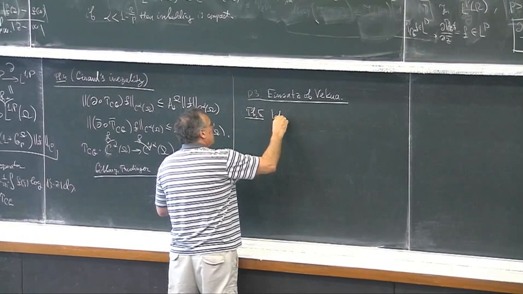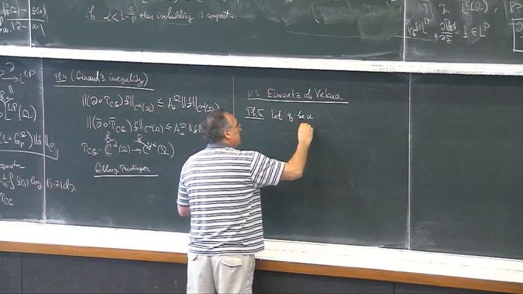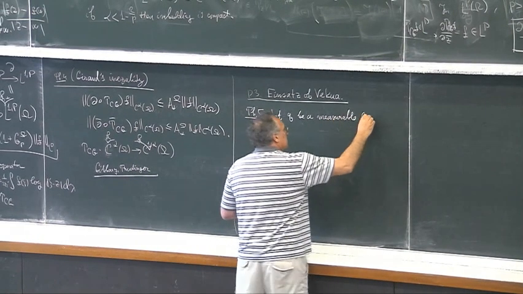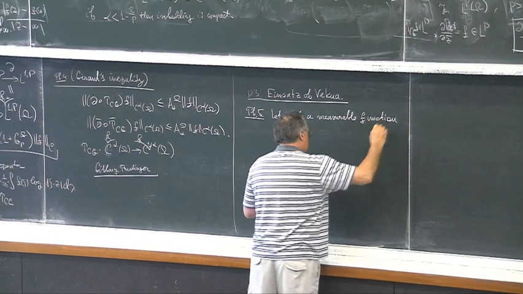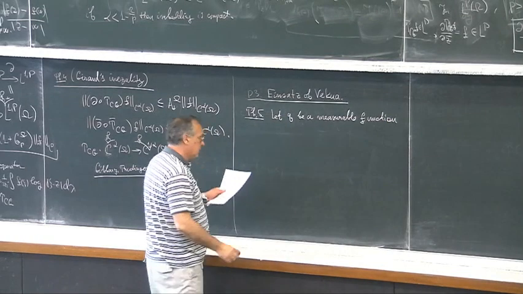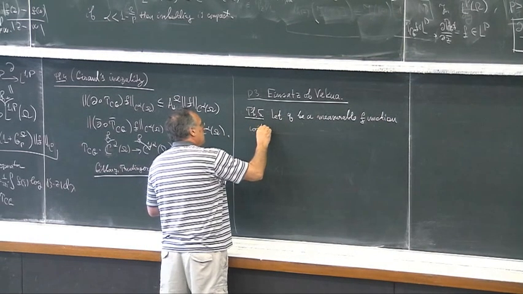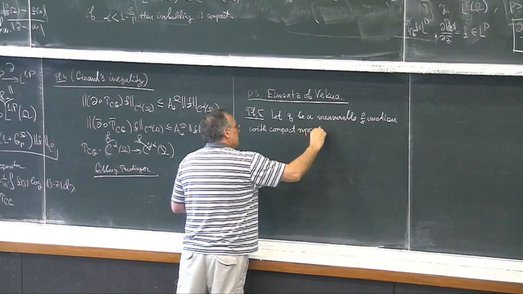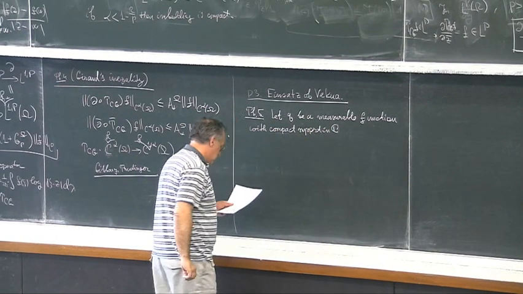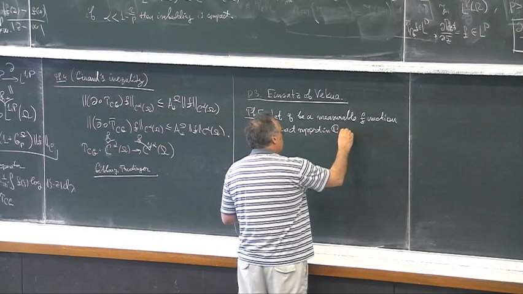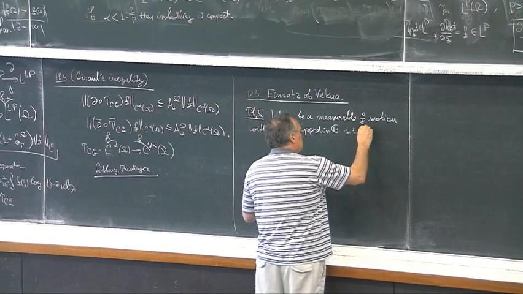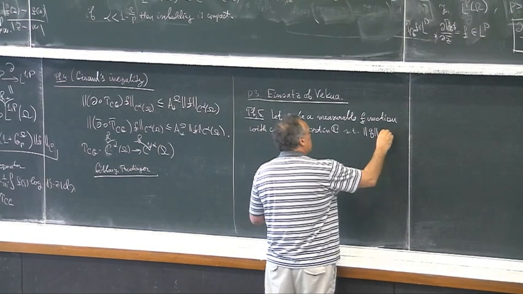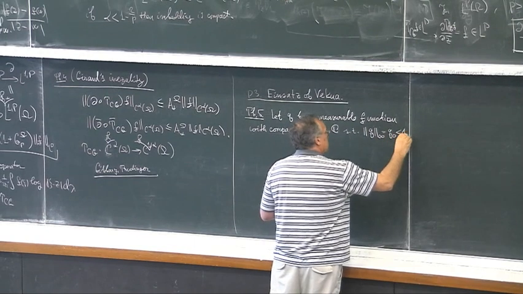Let Q be a measurable function with compact support in C such that its sup norm, which will be denoted by Q0, is less than 1.